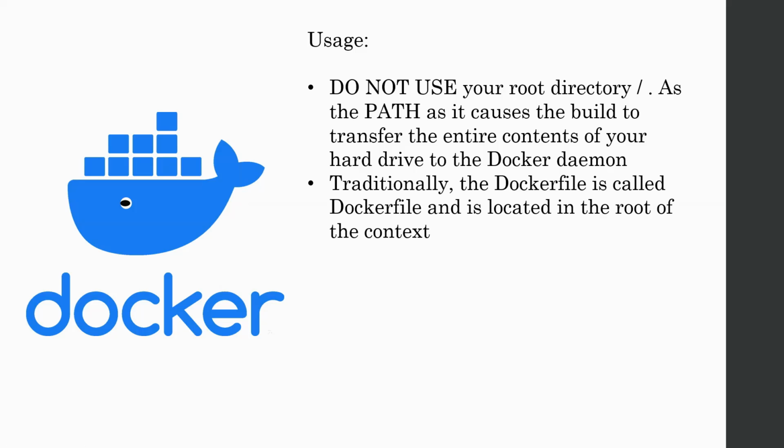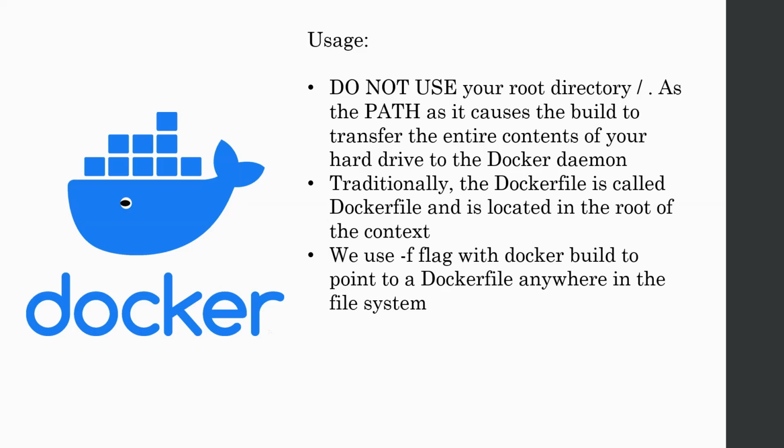Okay. Now, traditionally, the Dockerfile is called Dockerfile and is located in the root of the context. We use the -f flag with docker build to point to a Dockerfile anywhere in the file system. So, for example, $ docker build -f flag, and it points to the path to a Dockerfile.